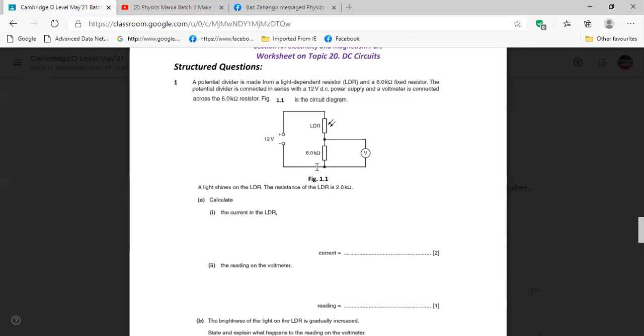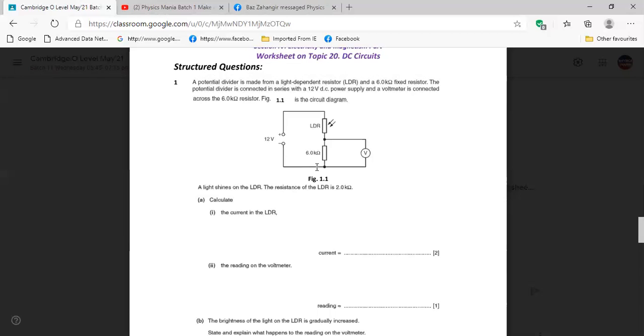What is the total resistance here? 8 kilo ohms. 8 kilo ohms means 8 into 10 to the power 3, right?